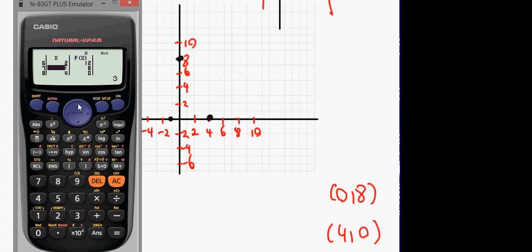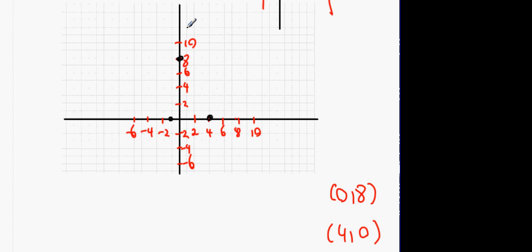So that's 0, 8. Number 1 is worth 12. So, 1, 12 and 2, 12. 1, 12 is going to be up here. 1, 12 is one of the points. 2, 12 is the other point.